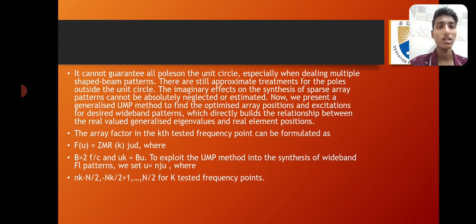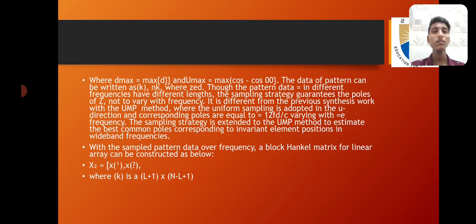The array factor at the kth tested frequency point can be formulated as F(u) equals the sum of a_m z^m, where beta equals 2 pi f divided by c and u_k equals beta u. To extend the UMP method to the synthesis of wideband FI patterns, we set the sampling range for the k tested frequency points, where d_max equals the maximum and u_max is given accordingly; the pattern data are sampled in different frequencies with different lengths.